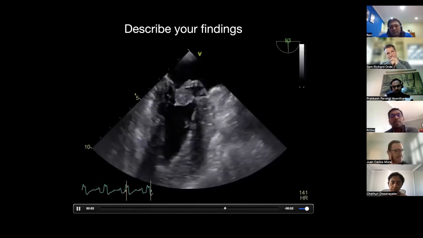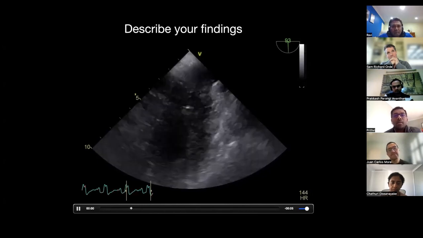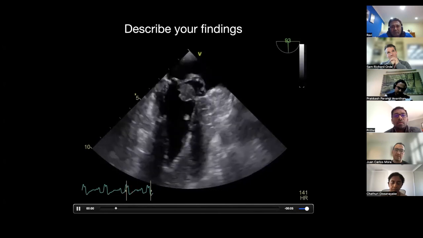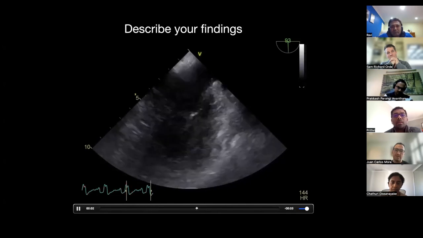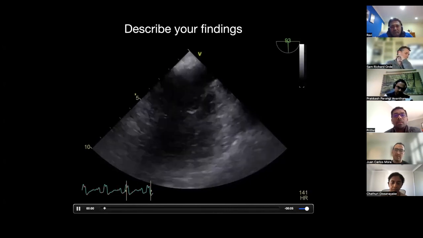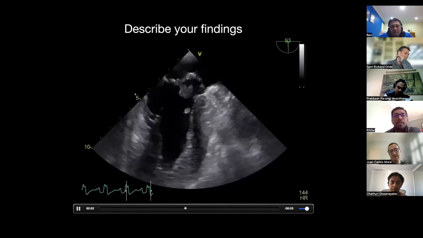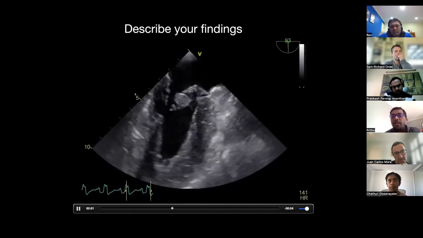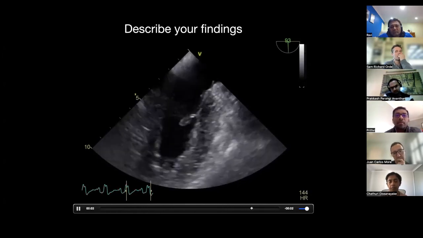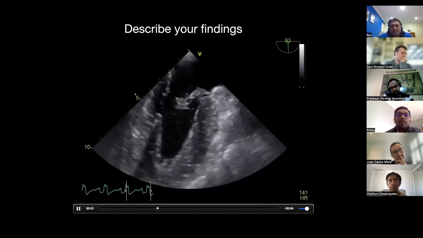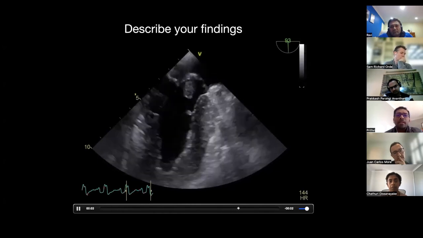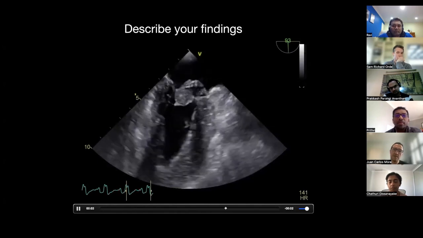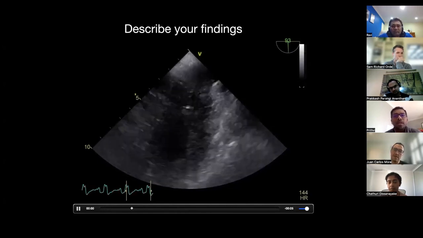And what I'm seeing here is prolapse of the anterior mitral leaflet with a lesion at the tip of the anterior mitral leaflet, which I'm not sure, is probably a ruptured chordae.